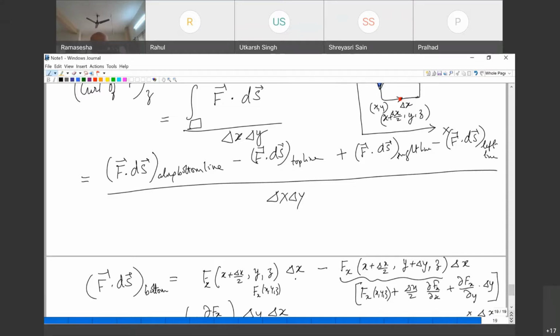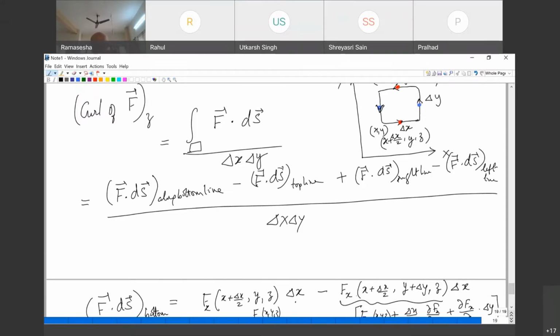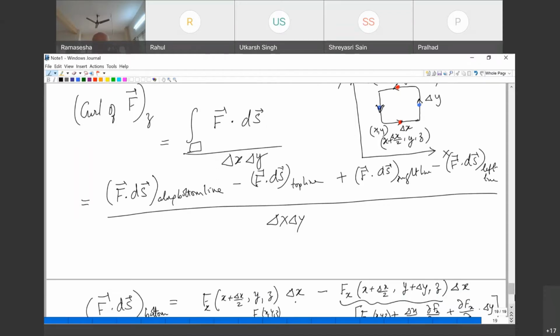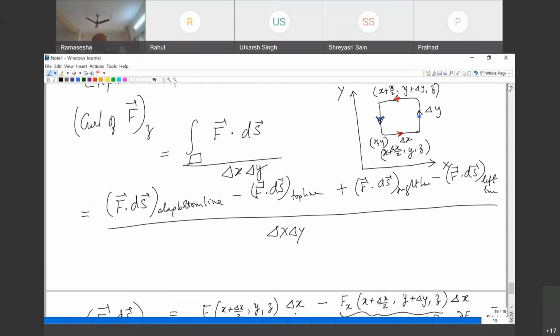And what is the top line? Top line is fx at x plus delta x by 2, y plus delta y comma z, because this is at y plus delta y. And because I'm taking f dot ds, which is a line integral, I have to multiply by the corresponding length, delta x.